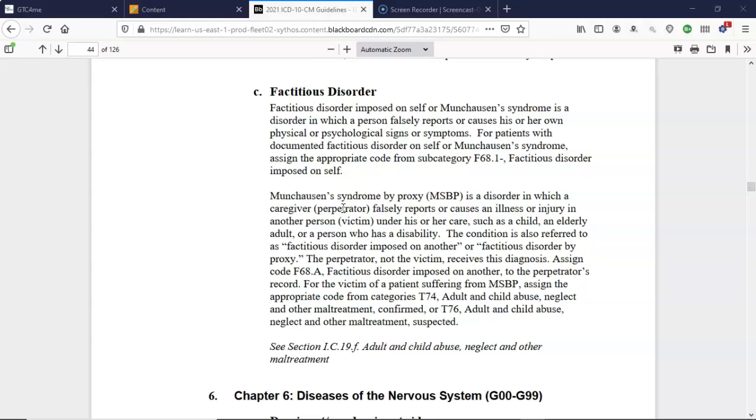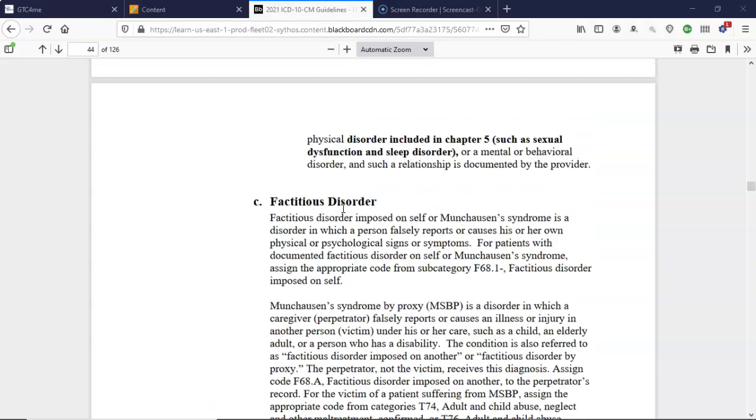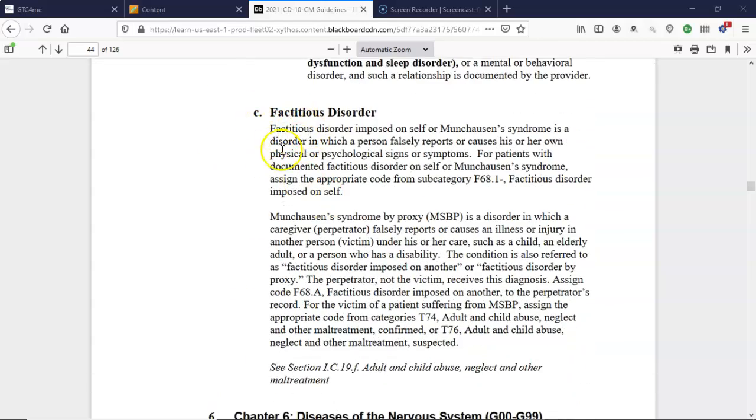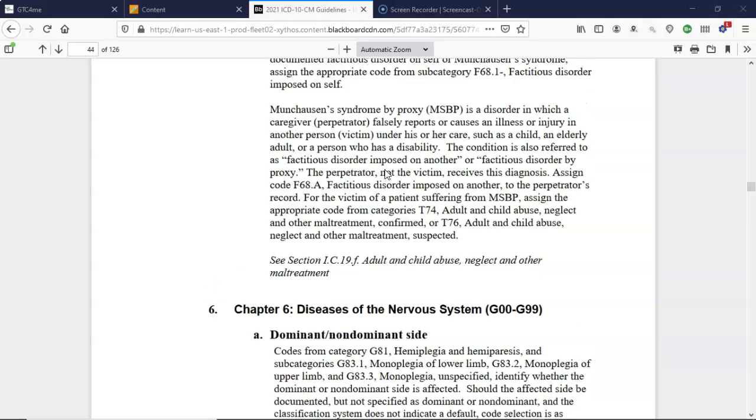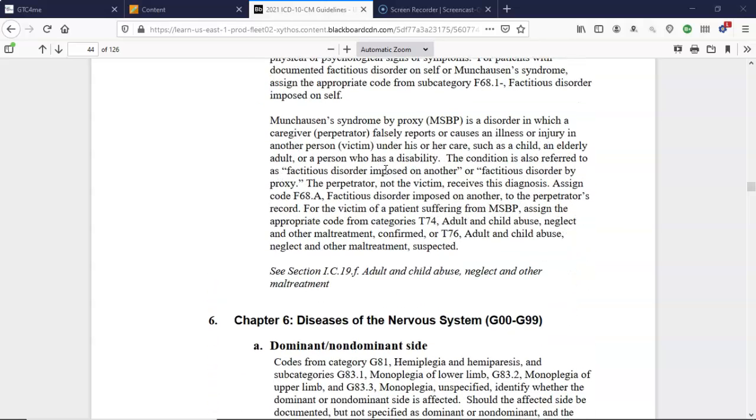Maybe an elderly person or a person who has a disability, and they typically will give them something to make them sick, and then they take them to the hospital and say, oh, my child is sick. An example of a factitious disorder in an adult may be some of these people that report that they have cancer and have battled cancer, and they really don't have it. But if you Google Munchausen's, you certainly can find many examples of when this has occurred.